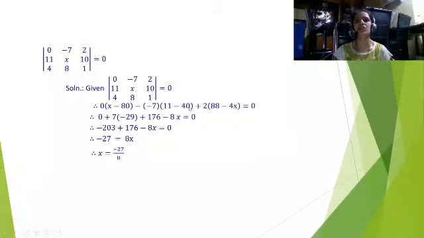This is 11 minus 40, minus 29, minus plus, so it is 7 into minus 29 plus. Now please remember, whenever there is a number and an x term, you cannot add or subtract. So we will separately multiply 88 by 2 and 4x by 2. So it will become plus 170x minus 8x is equal to 0. So 7 into minus 29 is minus 203, plus 176 minus 8x is equal to 0.